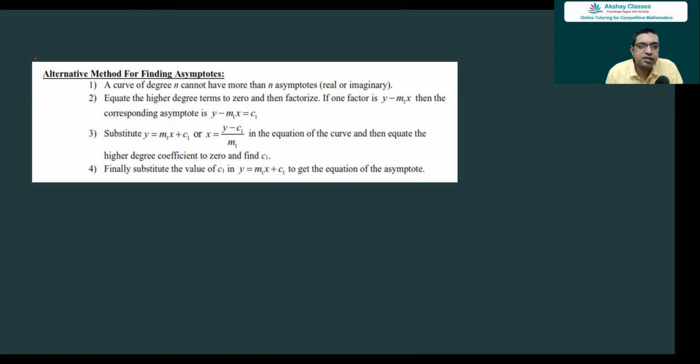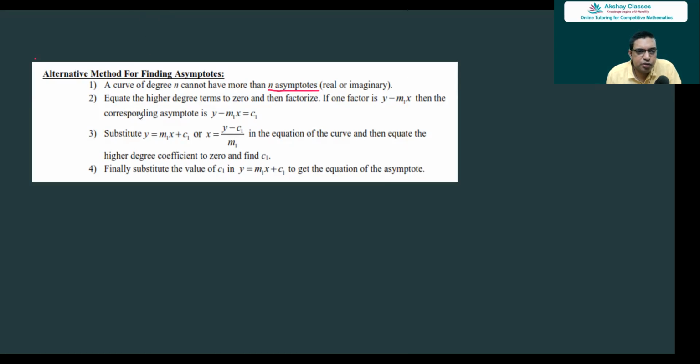However, look at this. First point, a curve of degree n cannot have more than n asymptotes, real or imaginary. So the maximum number of asymptotes is equal to the degree of the curve. Now, how to find?